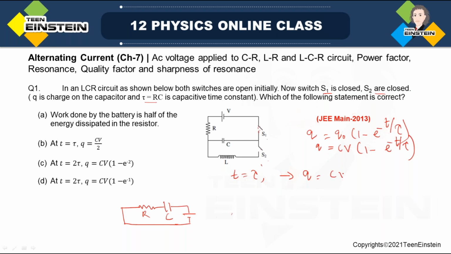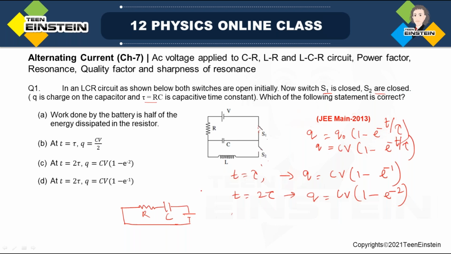Q is equal to CV into 1 minus e to the power minus 1. Now when t is equal to 2 tau, Q will be CV whole into 1 minus e to the power minus 2.